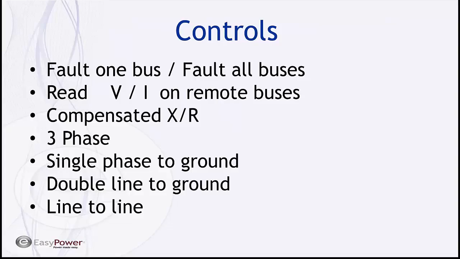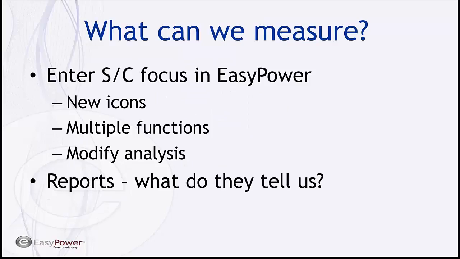Likewise, it deals with X over R ratio compensation because this is a key element in whether or not the protective devices will actually work to their guaranteed ratings. And we have the ability to look at different types of faults with the tools and what that effect is on our protective devices.